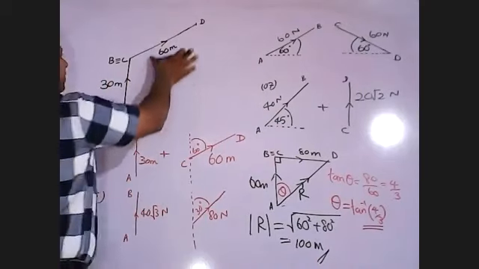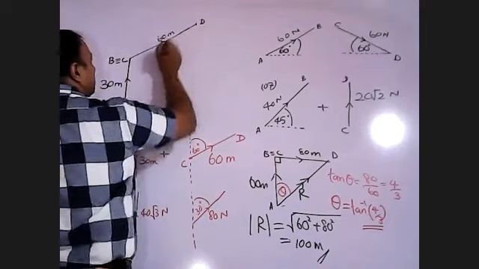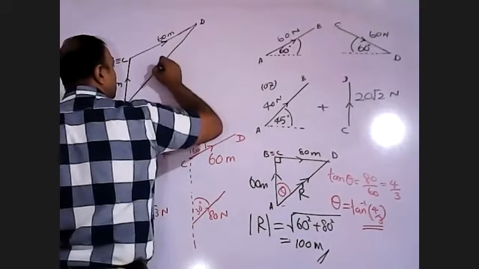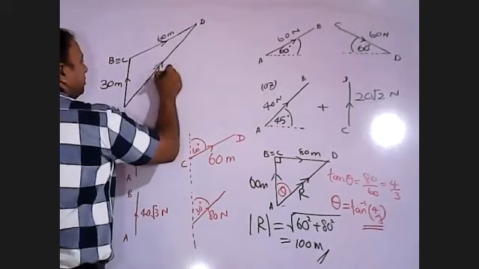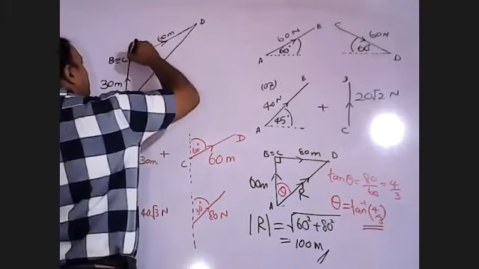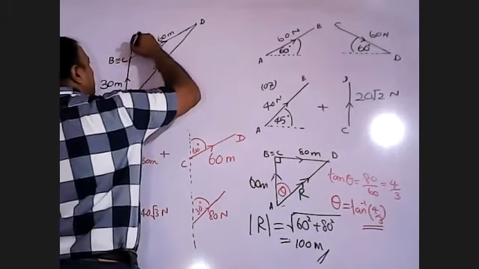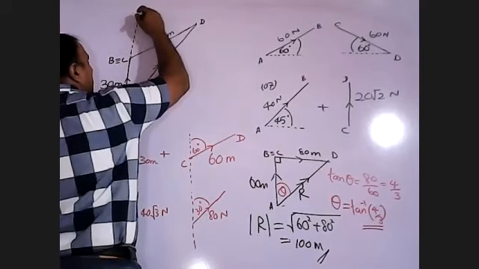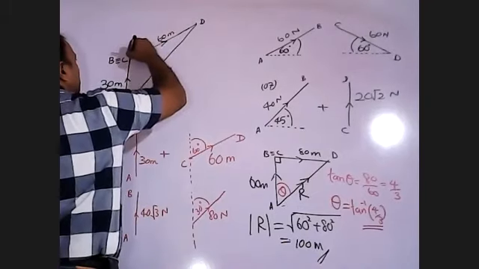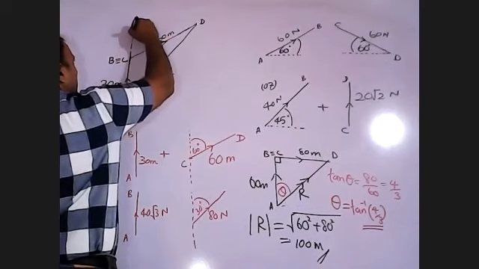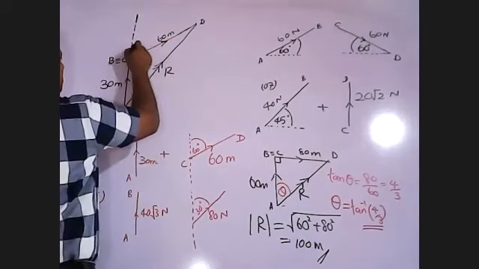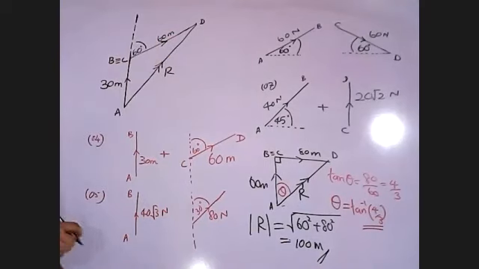So my resultant vector should be A to D. This is the resultant vector. This angle is given, it is 60 degrees.